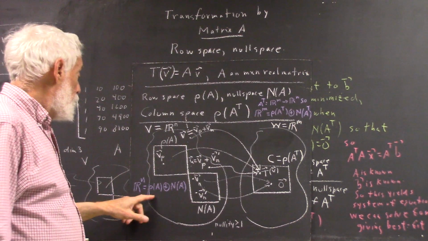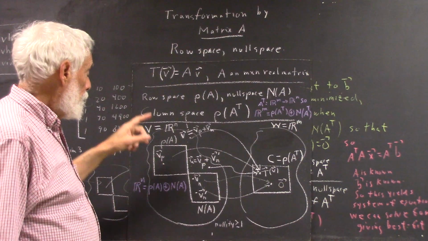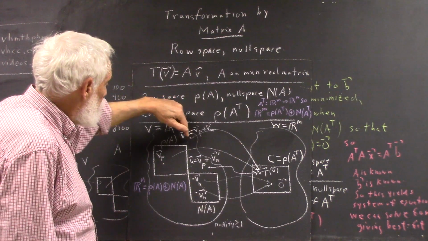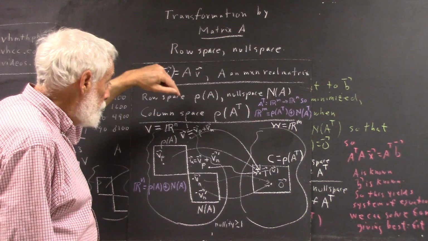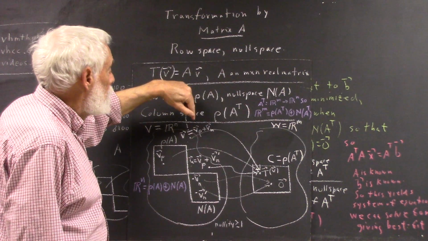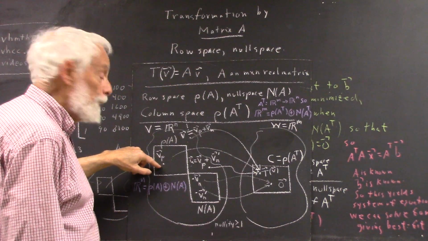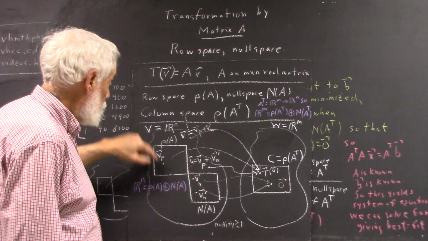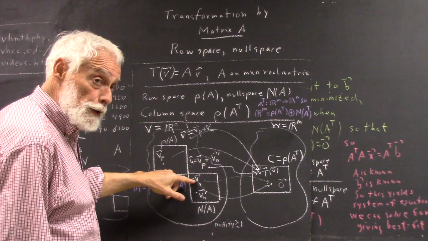And the fact that this is a direct sum comes from the fact that any vector v in Rn can be expressed uniquely as a sum of v_row plus v_n, where v_row is some unique vector in the row space, and v_n is some unique vector in the null space.